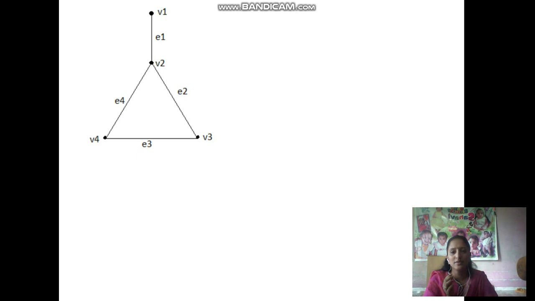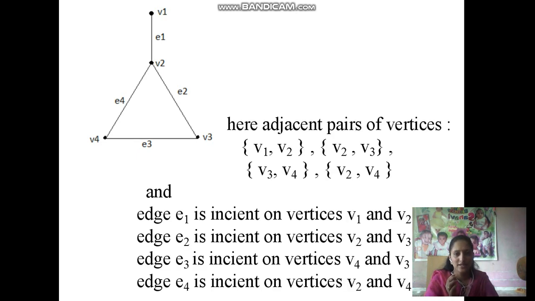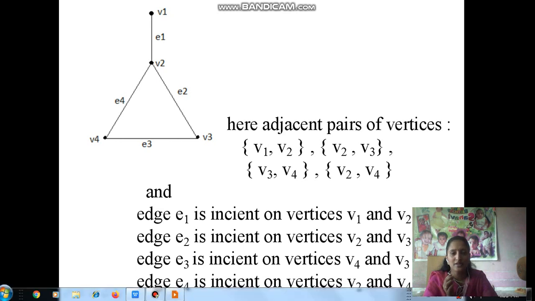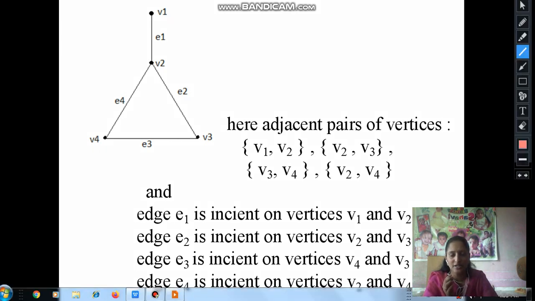In this example, we have 4 vertices V1, V2, V3 and V4, and 4 edges E1, E2, E3 and E4. Look at this figure. The vertices V1 and V2 are adjacent to each other. Why? Because they are joined by edge E1. Therefore, V1 and V2 are called adjacent vertices.